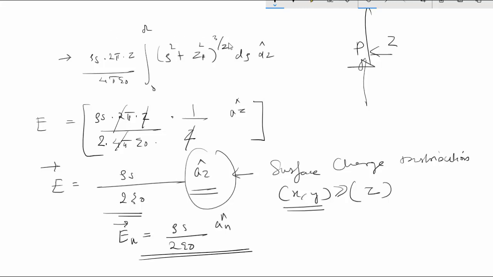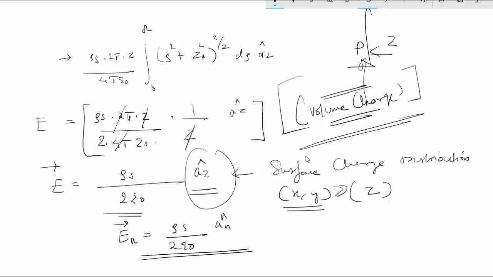So that's all about deriving the equation for a field due to a surface charge distribution. Similarly, you can derive it for the volume charge distribution also. I will not cover the volume charge distribution in this lecture. If I get requests in the comments to do that, I will do it.